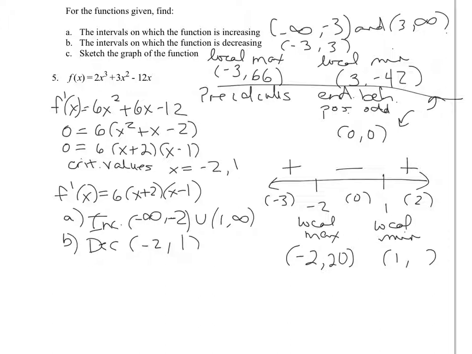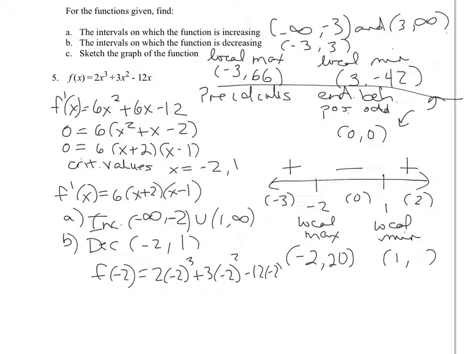Now remember, we're plugging this negative 2 into the original function. So that would mean that f of negative 2 was 2 times negative 2 cubed, plus 3 times negative 2 squared, minus 12 times negative 2.